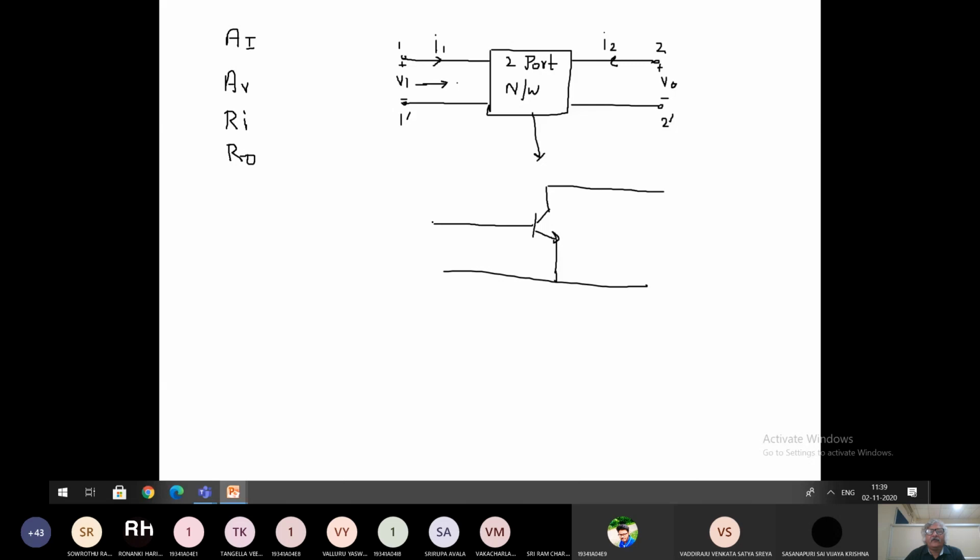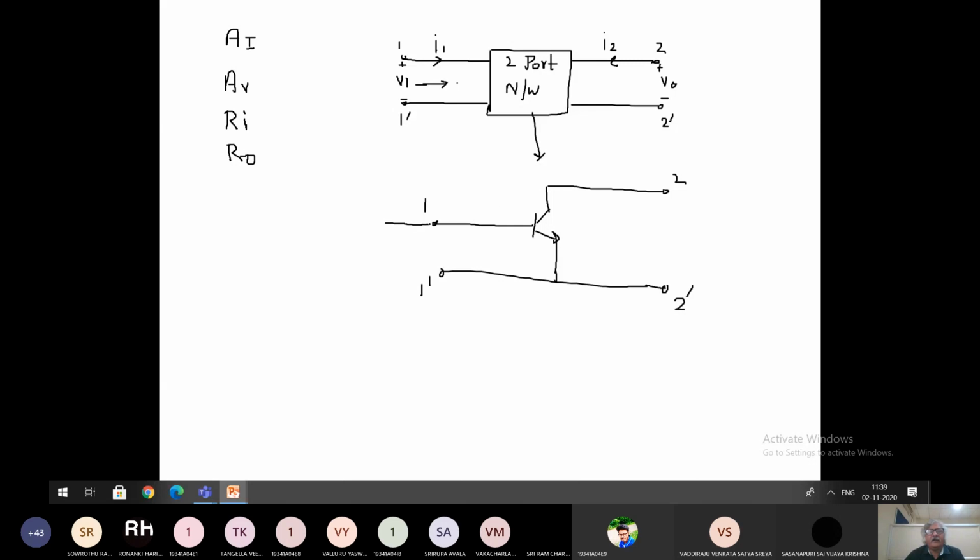Whatever we have calculated are the internal parameters of this two-port network.